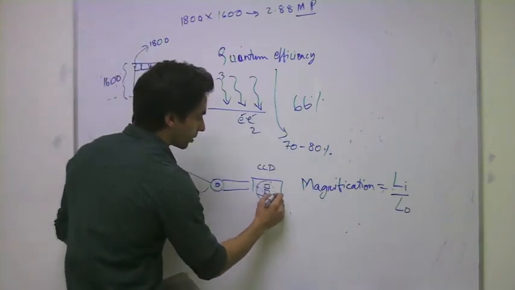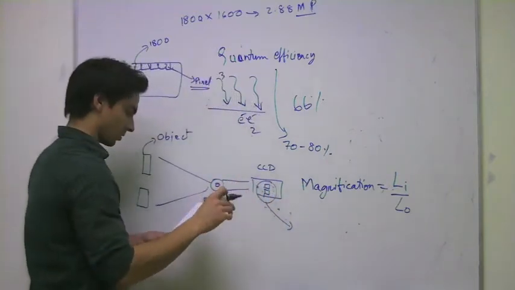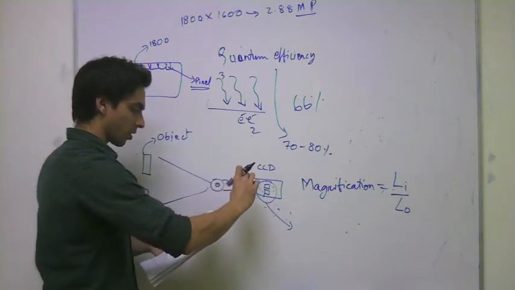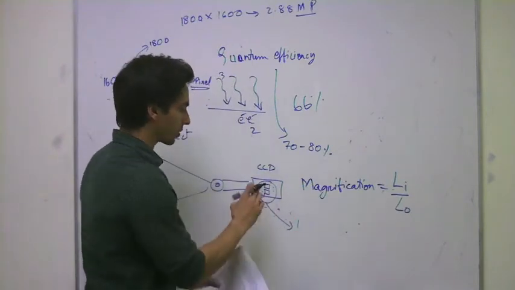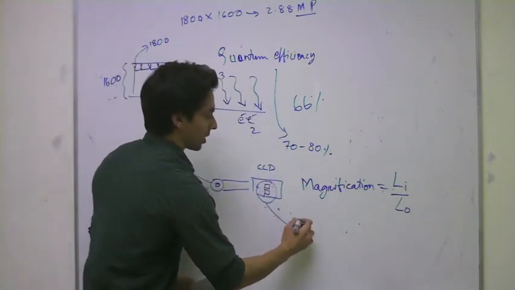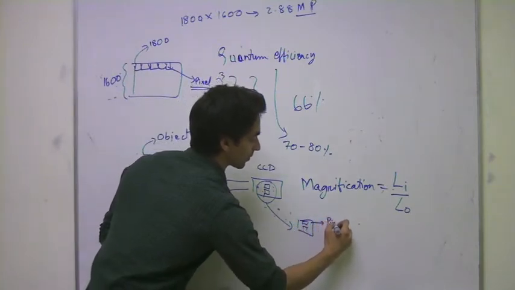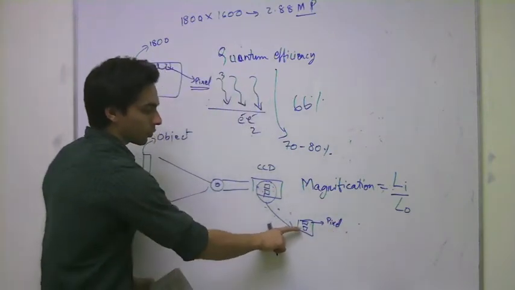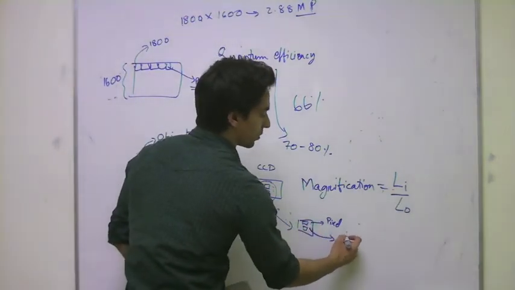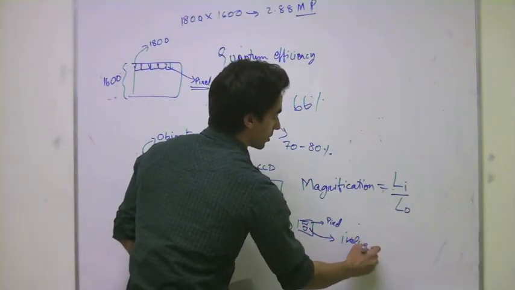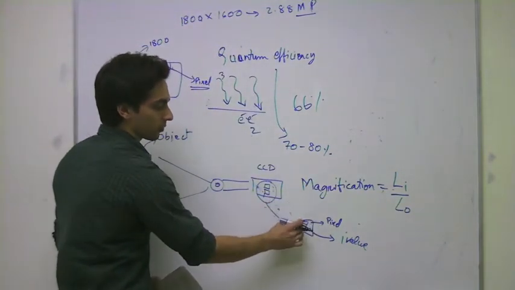In order for these 2 points to be resolved, the separation of the image should be at least 2 pixels apart, because if these 2 images are on the same pixel, then the information stored in the pixel would only be one value, and therefore there would be no resolution. We would not be able to resolve between these 2 pieces of information separately.